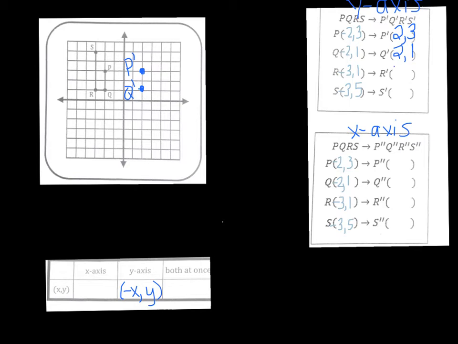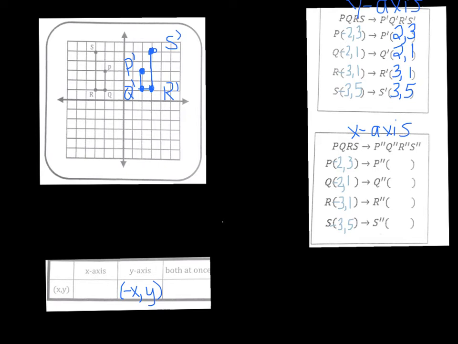The x value would become a 3, the y value stays the same. So over 3, up 1, and that would be R prime. And then the last one, the x value is the opposite, the y value stays the same, so it would be over 3, up 1, 2, 3, 4, 5. So this becomes S prime. So I'm going to connect my points. And there is this figure reflected over the y-axis.